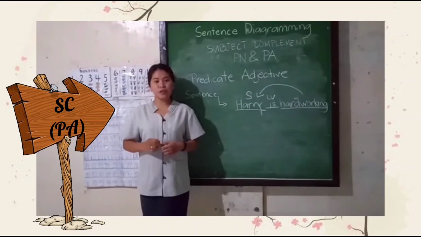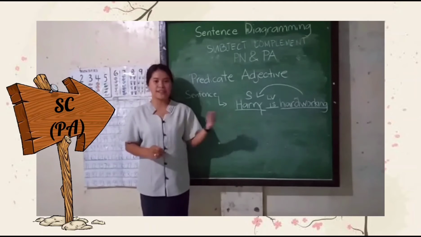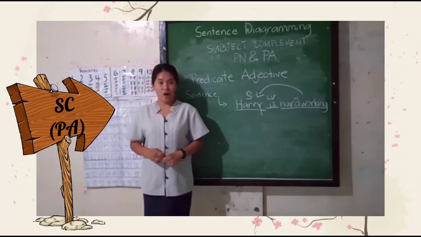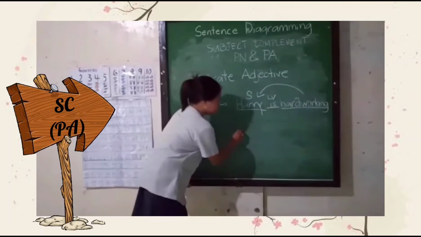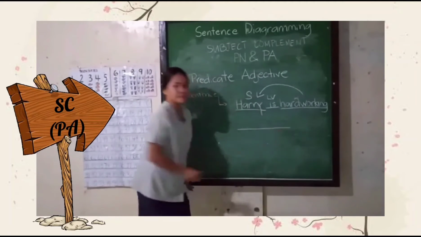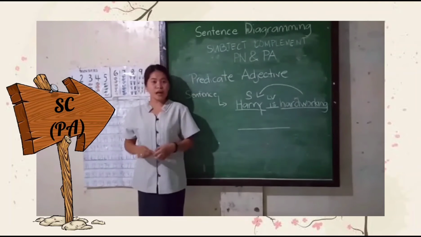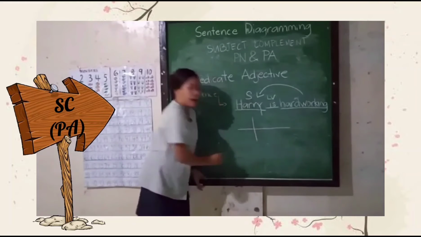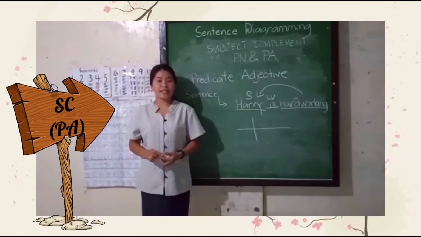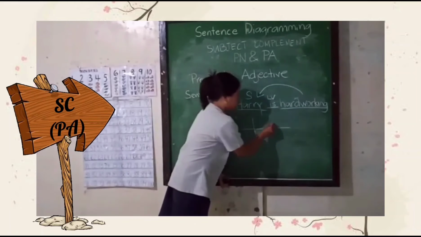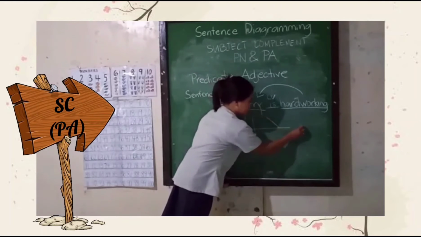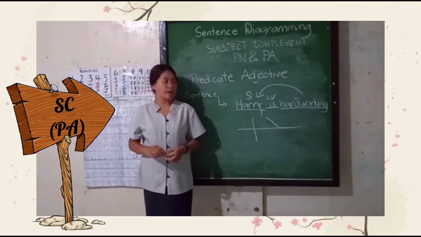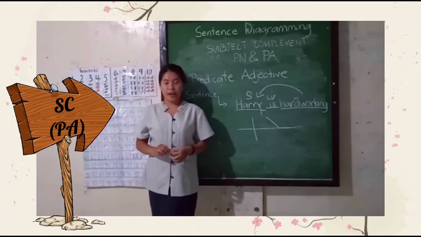Okay, so let's look at how to diagram this sentence. First thing we do to diagram this sentence is write a horizontal line. Our subject predicate division. And again, we have a slanting line going backwards, going backwards to separate our linking verb from our predicate adjective.